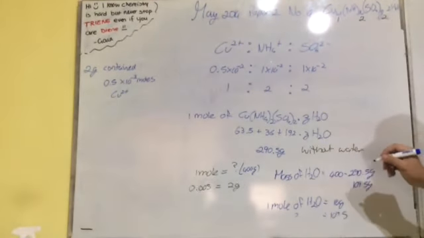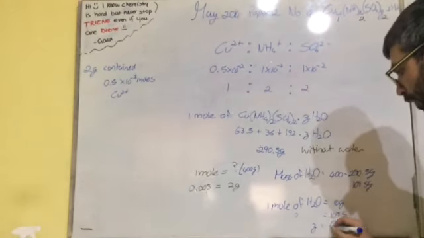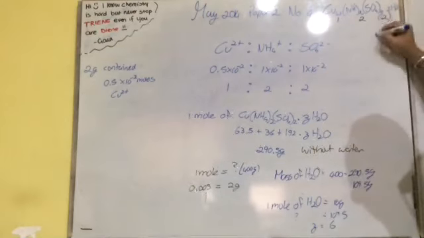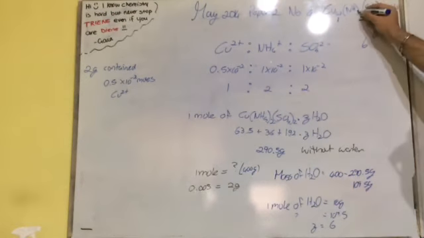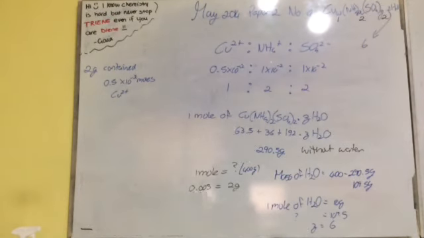So Z equals 6. So it's Cu(NH4)2(SO4)2·6H2O. Hope you understand it. If you didn't, please don't hesitate to ask and I will help you further.